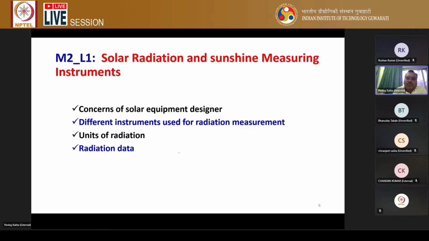The pyranometer has this kind of dome, a hemisphere, and this portion is evacuated so that we have lower heat losses, and at this place we have a black surface. Even though I'm indicating it in red, it should be black.